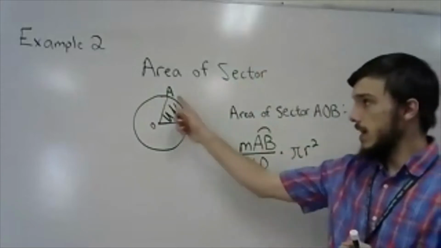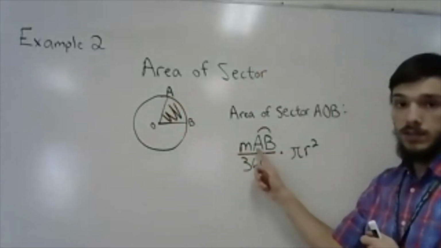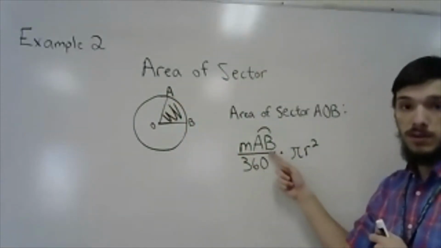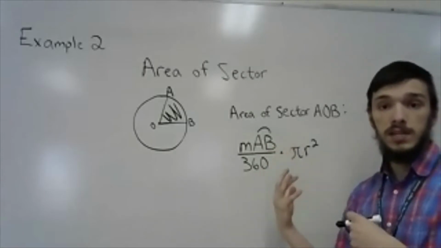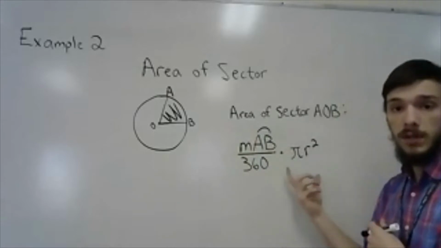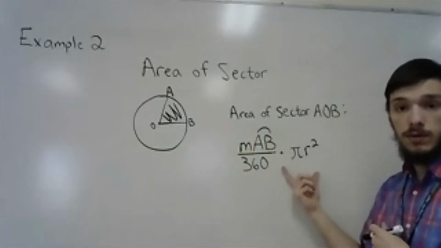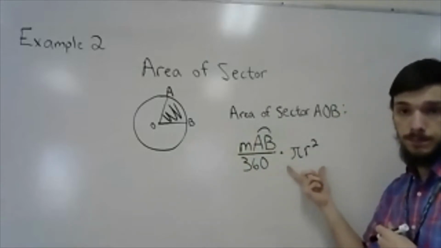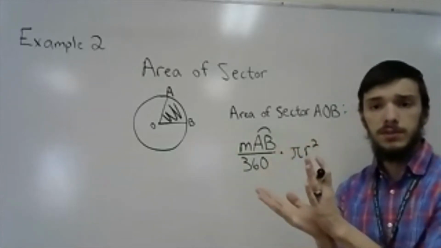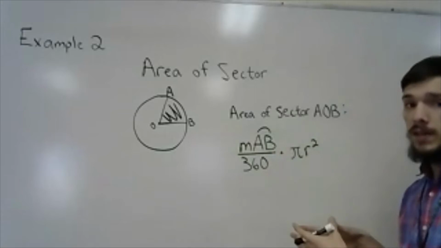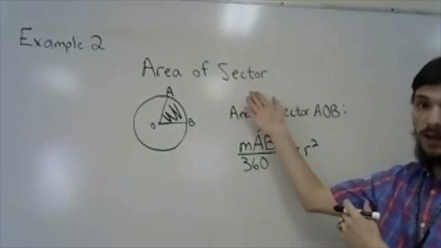We find what fraction of our circle, remember, the measure of our arc over 360, representing the whole circle, and multiply by the area of the circle, pi r squared. So similar process. Find what fraction of the circle you're looking at, multiply by the area to find the area of a sector.